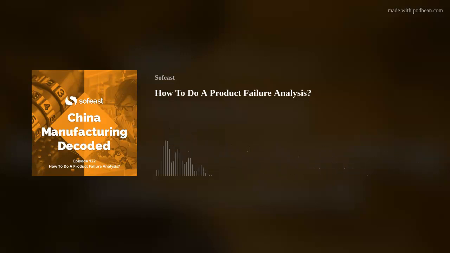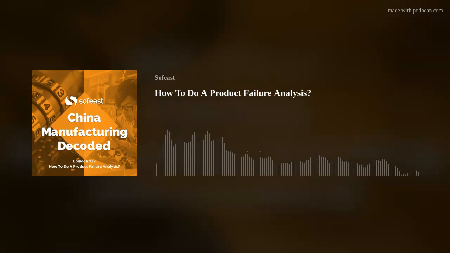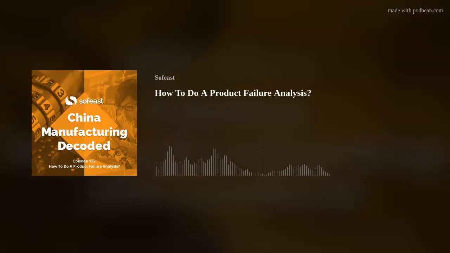Then you start with gathering all the information you can. What kind of product is it? What kind of information do we have about the product? Do we have specs? Do we have design files? What kind of risk analysis was already done, and all the typical documentation about the product.